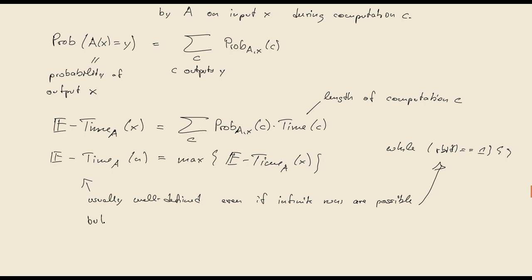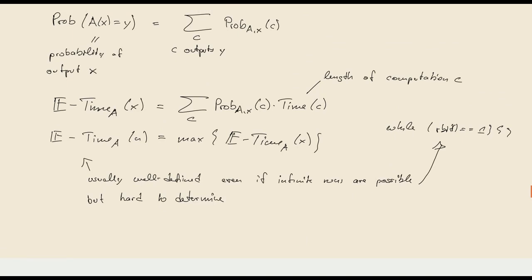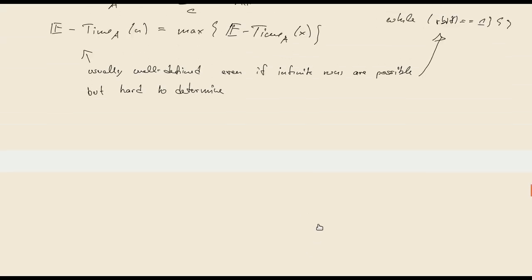The problem is that expected times are much harder to determine than worst case times. So we really would like to work with worst case times, and at least in complexity theory, we would like to do that. And so I'll give the time definitions, and then we'll finish for today.